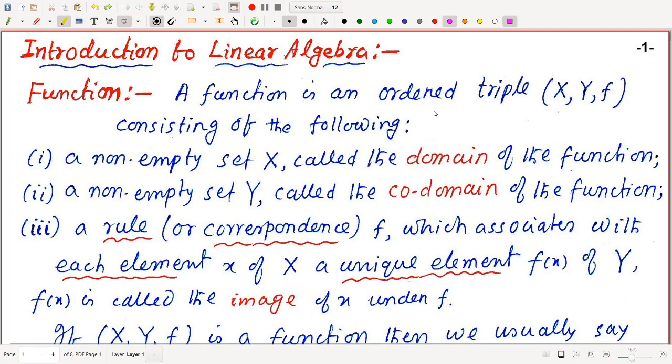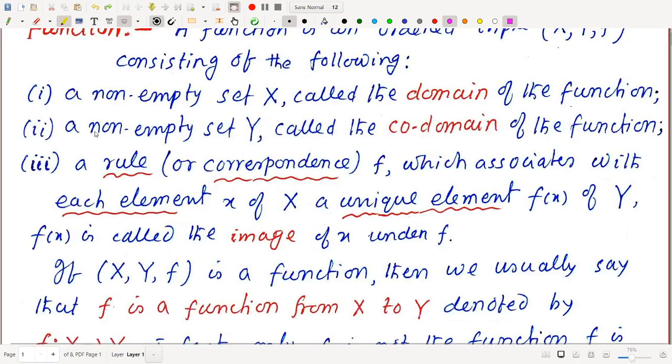A function is an ordered triple (X, Y, f) consisting of the following: Number 1, a non-empty set capital X called the domain of the function. Number 2, a non-empty set capital Y called the codomain of the function.